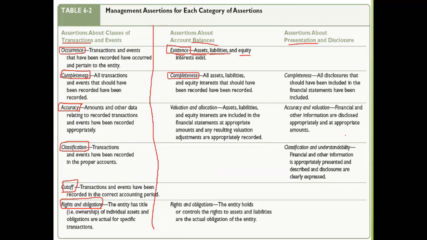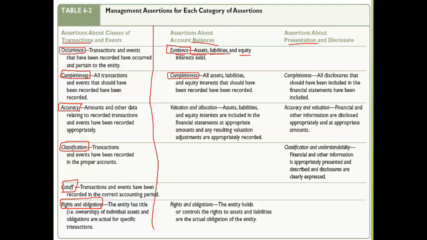On the other hand, completeness, in both transactions and balances, I'm looking at information and then trying to make sure that this information is completely recorded or exists in the books. Okay? So this is existence and completeness.